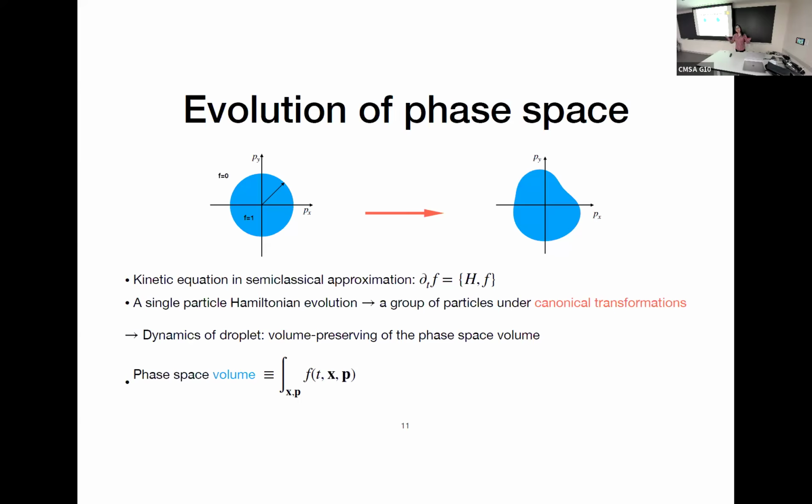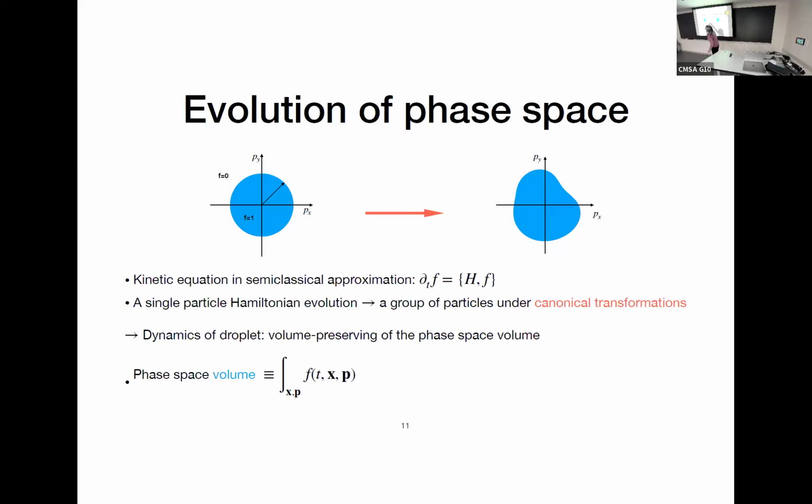How can we describe the time evolution of the system? Well, the time evolution is actually governed by the kinetic equation in the semi-classical approximation. As you can see here, the visualized point of view is that initially there's some droplet configuration.